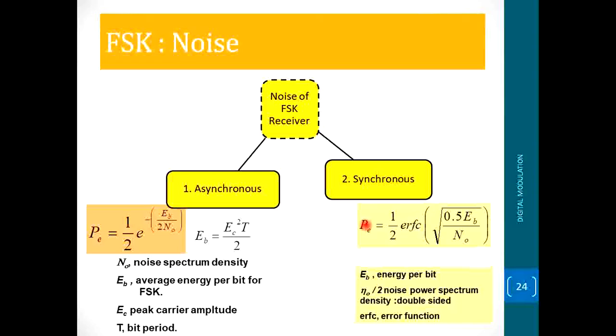For the synchronous receiver, also known as coherent, and asynchronous known as non-coherent, the noise is 1 over 2 ERFC of x, where x is 0.5 EB over N0.